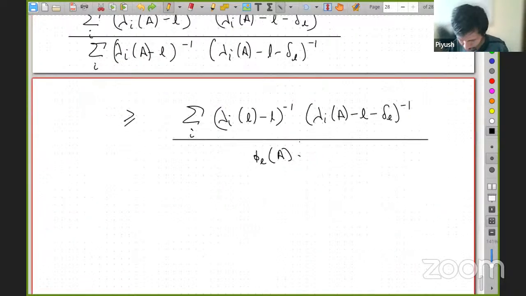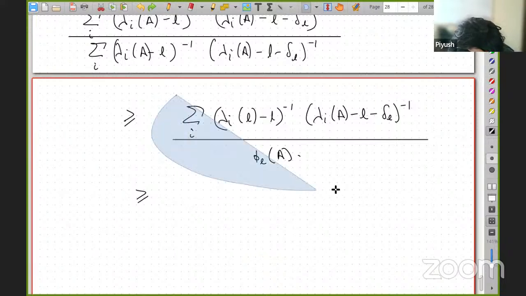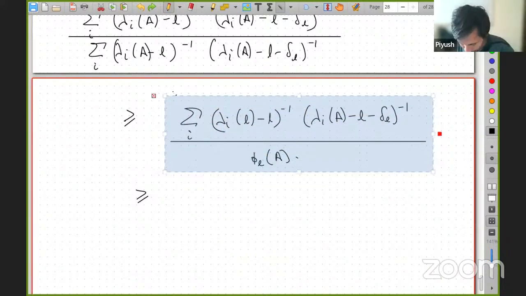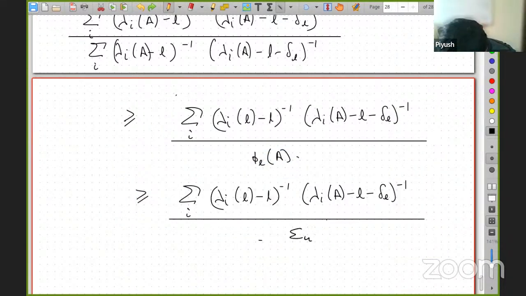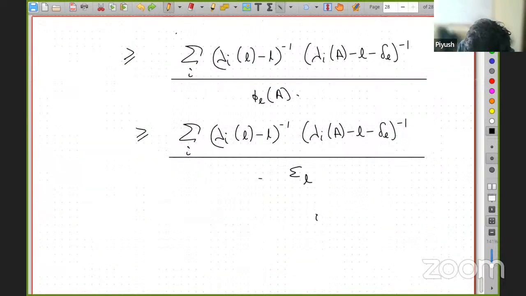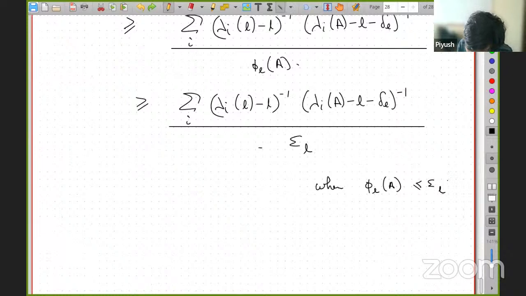Okay. And notice that phi L of A is less than epsilon. So this is bigger than, so just copy, epsilon L, which is bigger than delta.